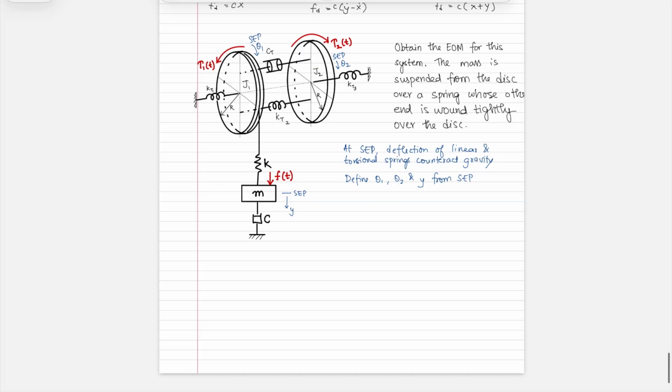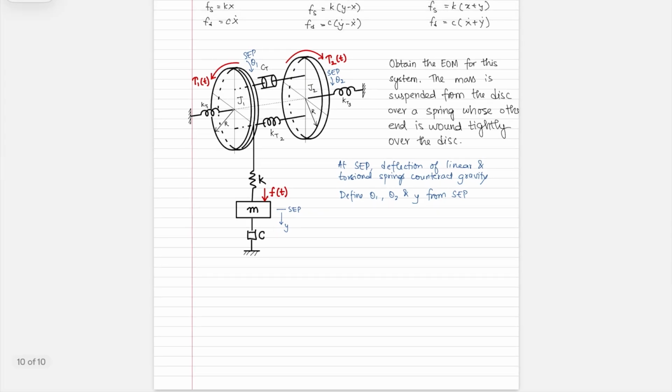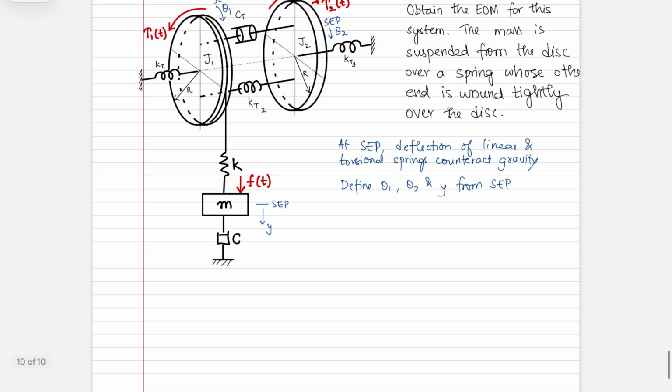Okay, so you can now look at defining all of the torques and restoring forces in the spring and damper. So in the torsion spring, let's say we start with the leftmost.